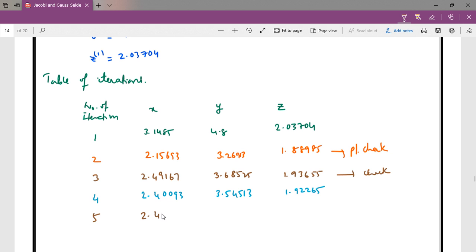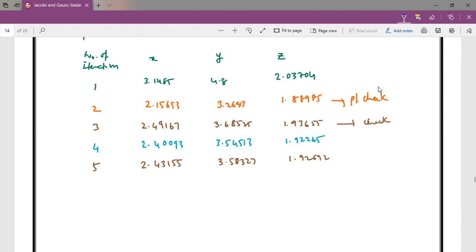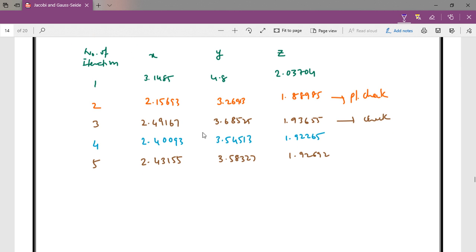In the fifth iteration, the x value will be 2.43155, y value will be 3.58327, and z value will be 1.92692. Now see that the root has not converged, so let us go for the sixth iteration.